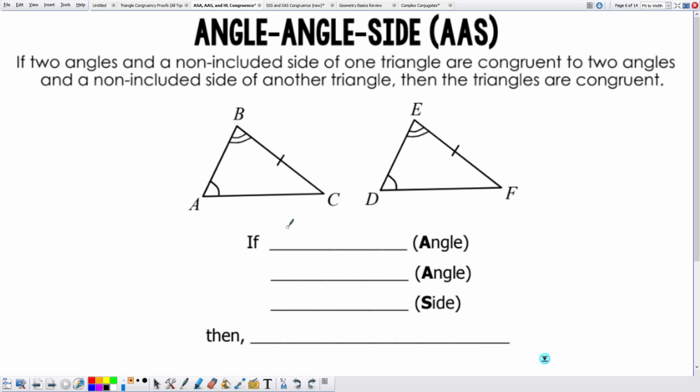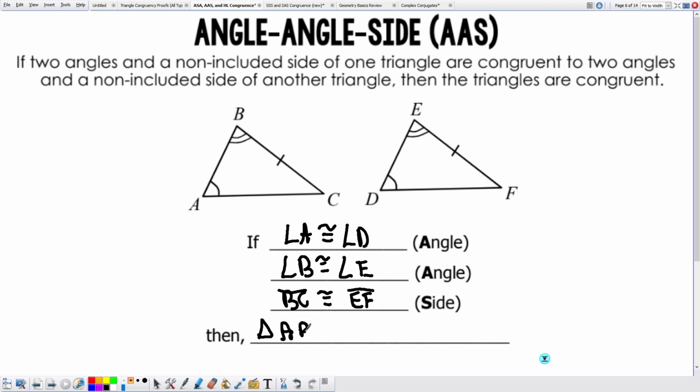Basically it goes like this. If angle A is congruent with angle D and angle B is congruent with angle E, and if the side BC is congruent with the side EF, this is enough justification to show that triangle ABC is congruent with triangle DEF.